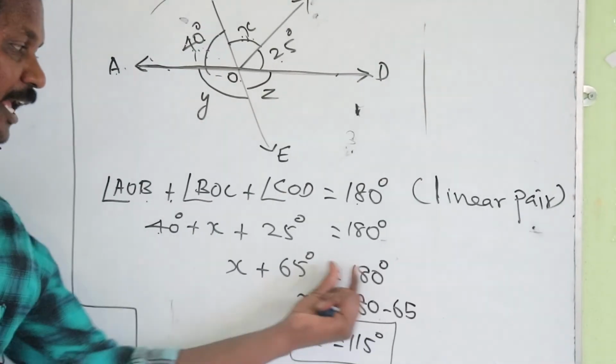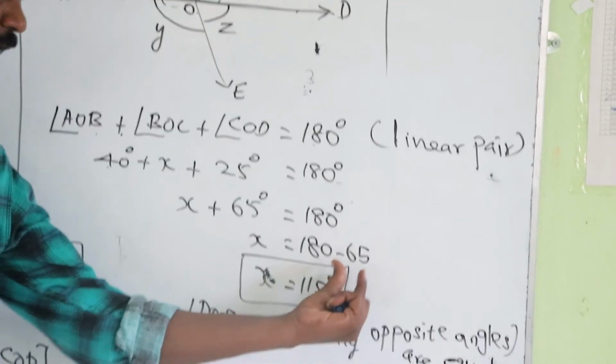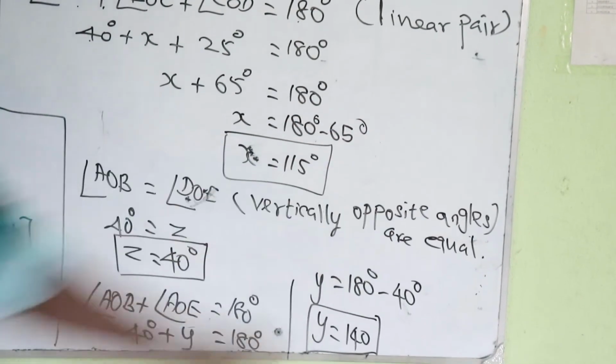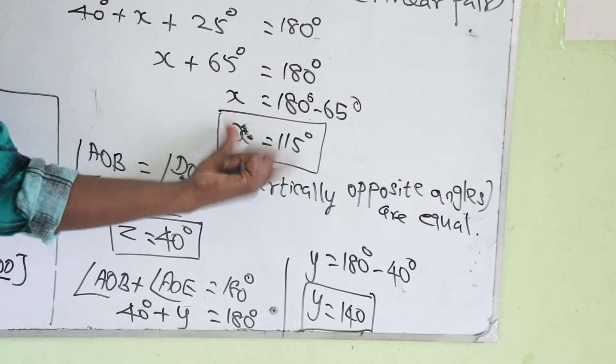So X plus 65 equals 180 degrees. Moving 65 to the other side gives minus 65, so 180 minus 65 is 115. This is the value of X.